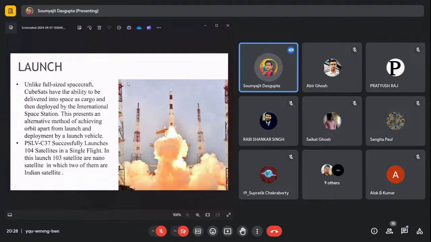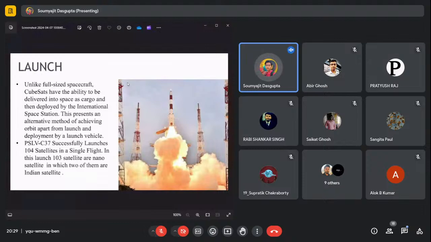If you want to build a CubeSat, you might have a purpose, that I want to measure some data, or I want to perform some experiment in the upper atmosphere, right? So you have to launch it. For launching, there are two options. One is a high altitude helium balloon launch, and the second is a rocket launch. A high altitude helium balloon launch works like this: you have a balloon with helium gas inside.